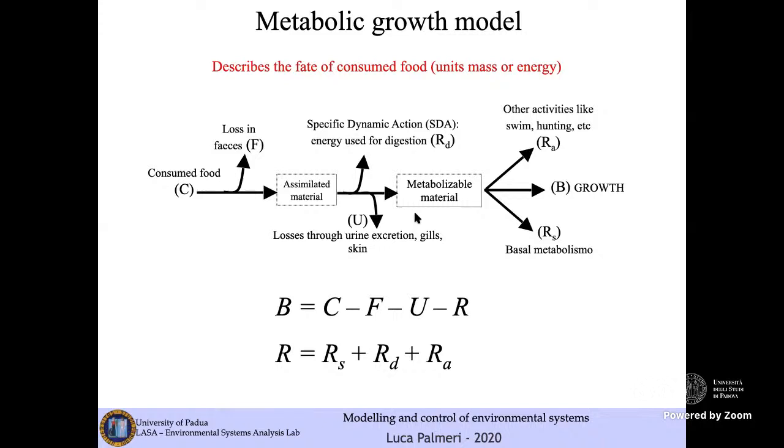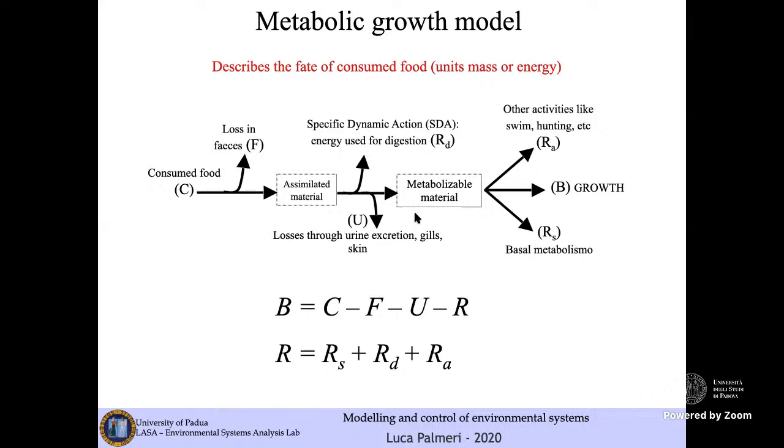The units of the model, the currency, may be that of mass or energy, and by now you shouldn't be surprised that we can employ these two currencies alternatively, because we have seen that there are conversion factors that allow us to change between mass and energy currency by employing, for example, the quantity of different types of biomolecules like lipids, proteins, carbohydrates, and so on, that make up the body of larger organisms.